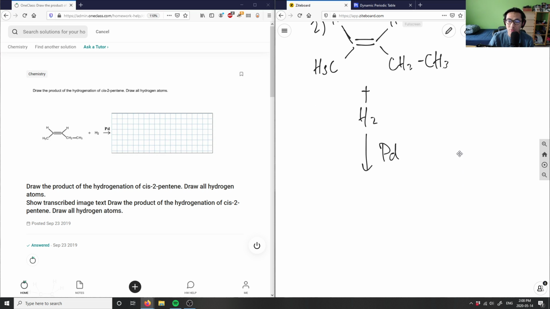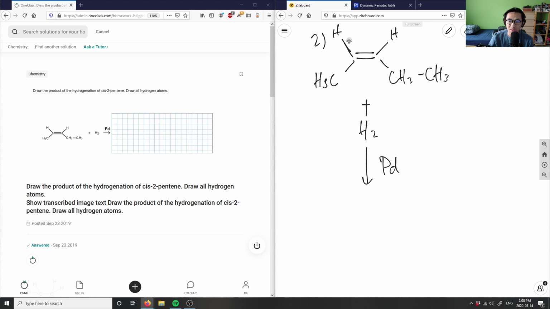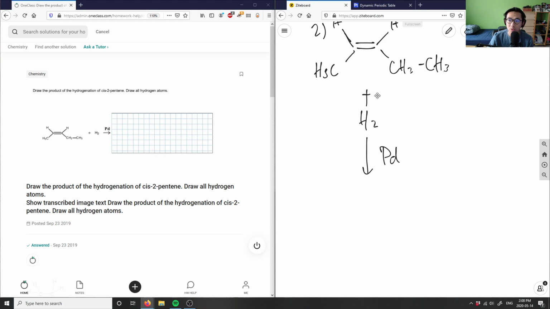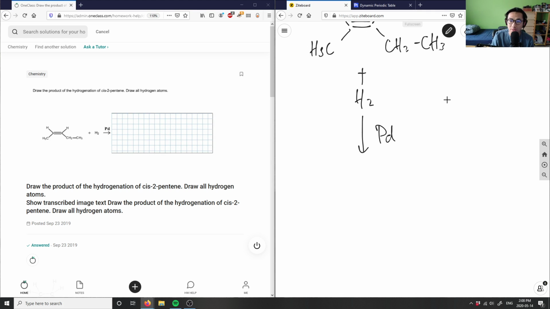What it's going to do is add hydrogens to this double bond here, right? I'm not going to draw the mechanism because it's quite complicated for a hydrogenation reaction, but it's going to hydrogenate this double bond and make it into a single bond. So I'm going to be left with this guy here. So I'm going to have 1, 2, 3, and then this here is going to be a single bond.